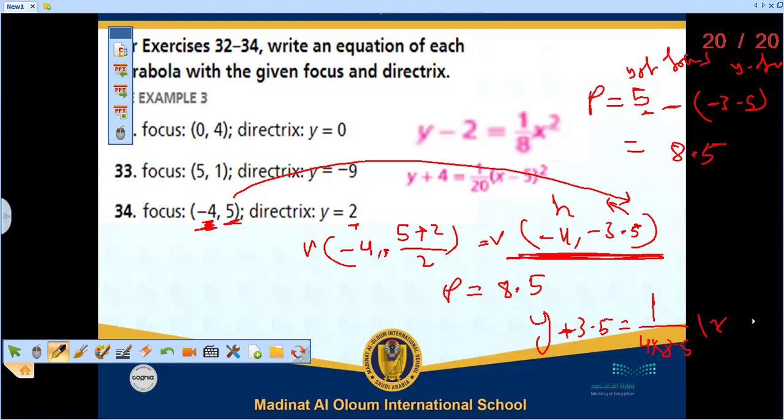X minus h, it means x plus 4 squared. Okay, guys, 4 times 8.5 makes 34. So it's y plus 3.5 equals 1 over 34 (x plus 4) squared. Let us check the answer.